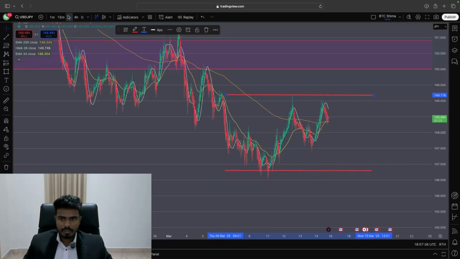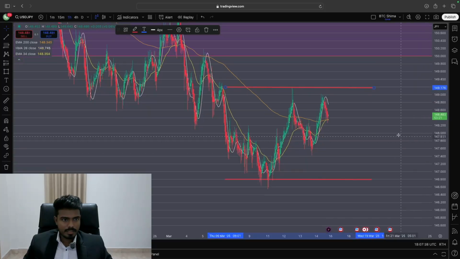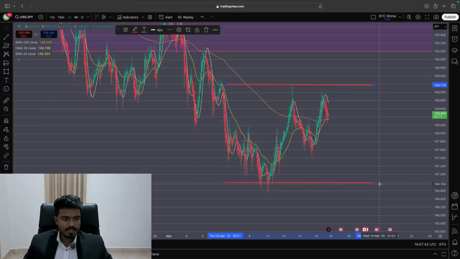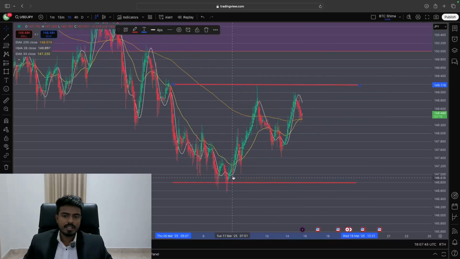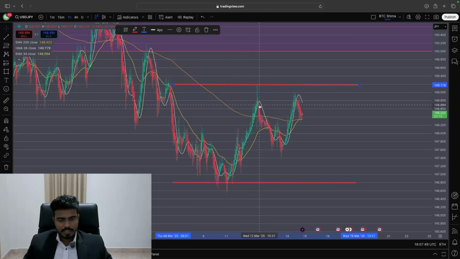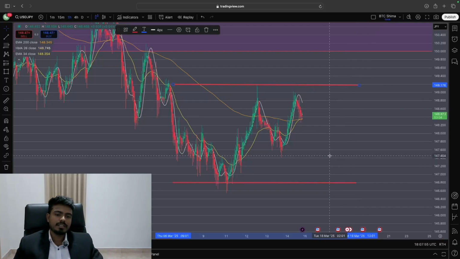So in the 1 hour time frame it indicates like this, 149 200. This is 146 800. The candles are trading inside this one, 149 200 and 146 800. So we can get a clear idea about this.